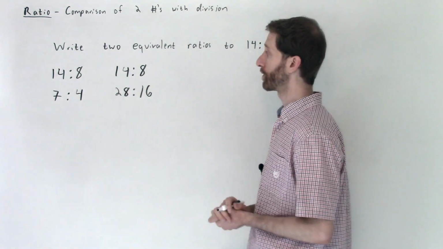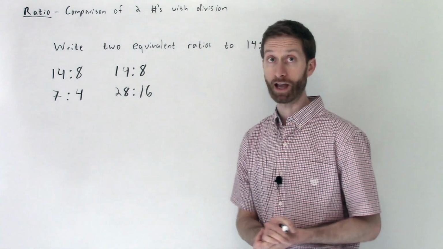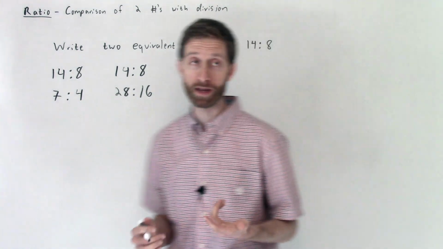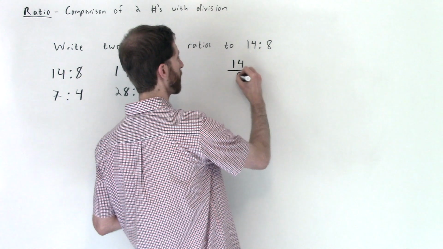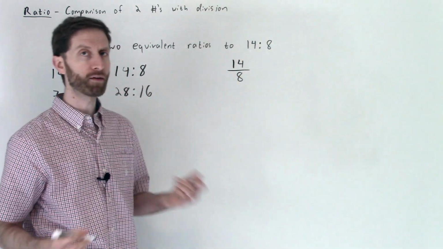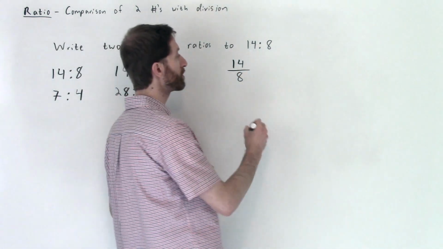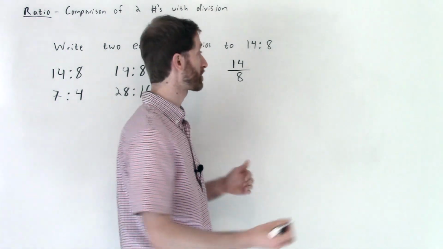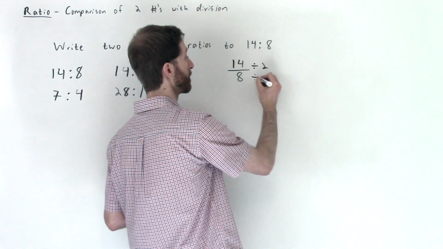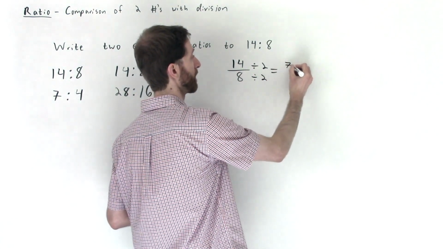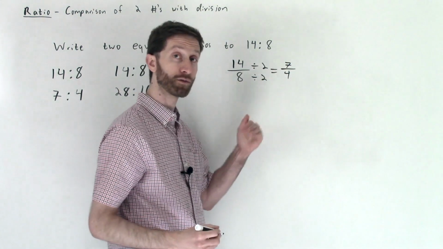Now, this is just a different technique that I figured I'd put in here to write equivalent ratios: you can also write everything as fractions. So let me show you what I mean. I could have written 14 to 8 as a fraction, 14 over 8. And that might be a little more comfortable for some people, because now you can look at this as writing equivalent fractions. We could divide the numerator and denominator by the same number, 2, to get 7/4, or 7 to 4.